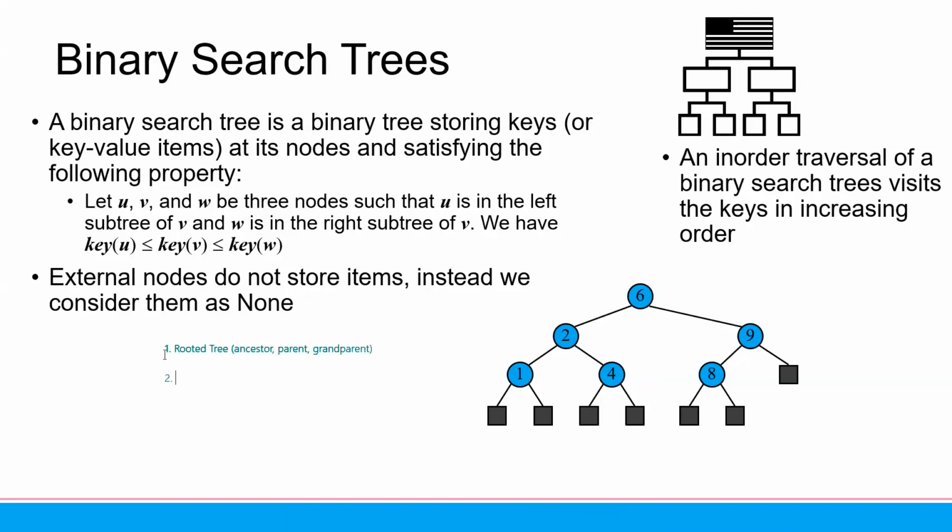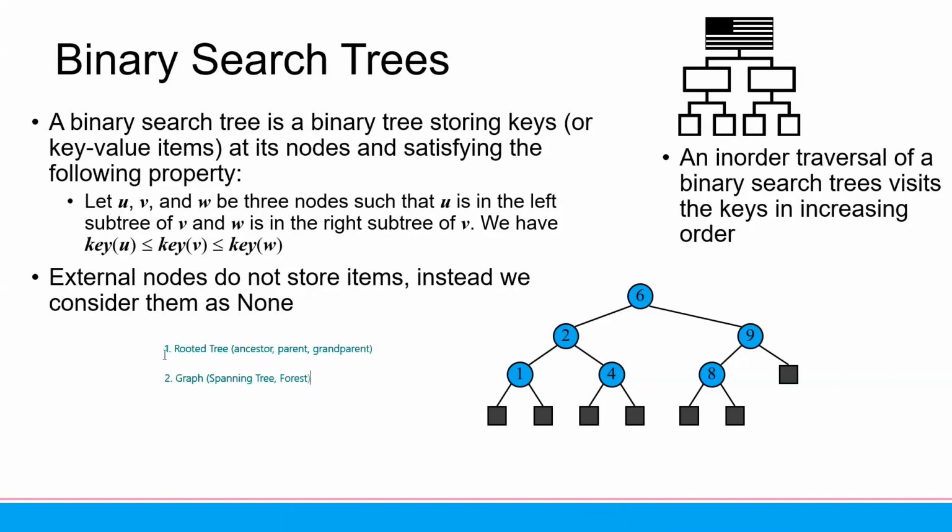And the other kind of tree is from graph. When we learn the graph, we also learn about the spanning tree. We learn about forests. So those kinds of tree are related with graph.